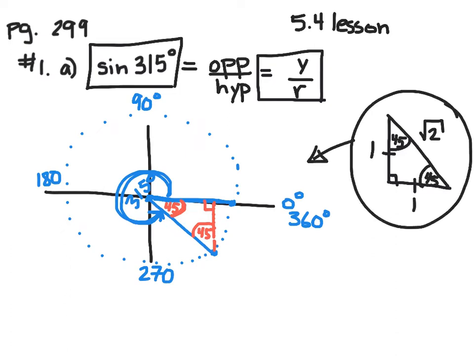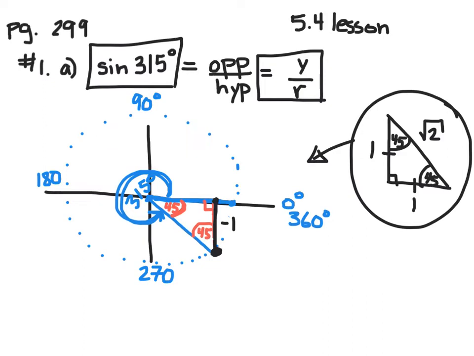So that's what I'm going to do. I'm going to label the sides. The side length from here to here, across from the 45, this is going to be 1. And more importantly, it's not just going to be 1. You got to realize that according to the axis, the x-axis, this is actually a negative 1, because to go from here downward, that is the height of that triangle is negative 1.